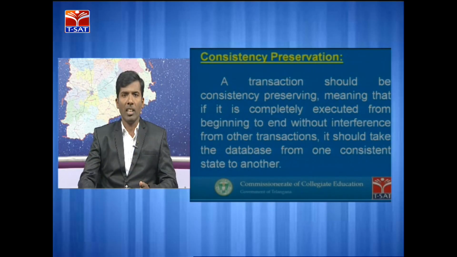So the property of a transaction says that whenever a transaction is performed, its action must be permanently stored. Therefore, if a transaction is performed, it will travel from one location to another in the database. So we say that it should take the database from one consistent state to another if the transaction is successfully performed. So the second property of a transaction is consistency preservation.